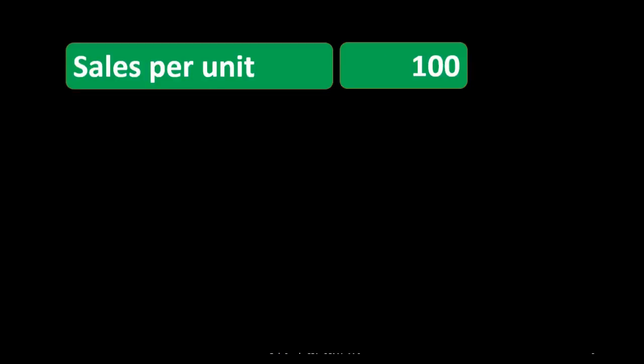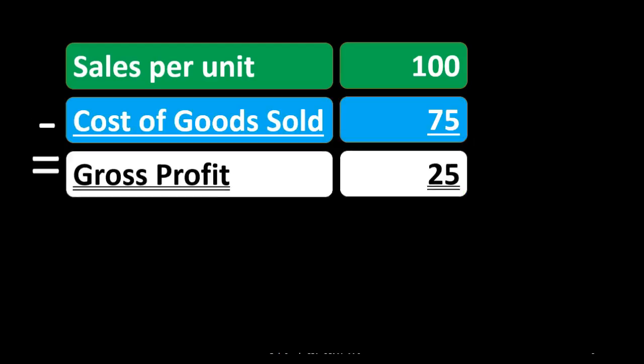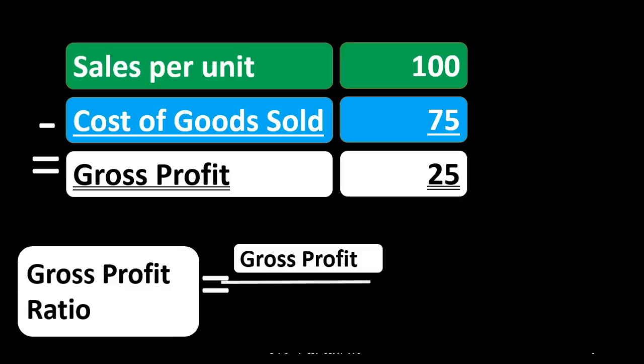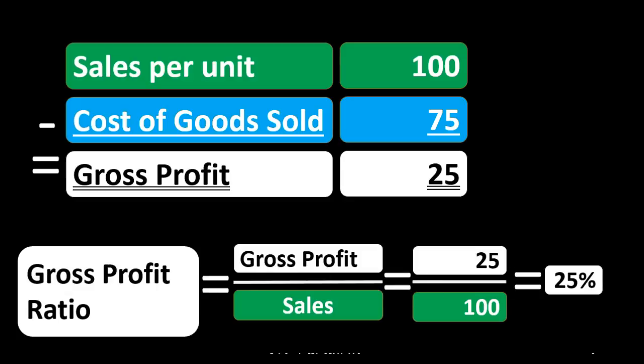The way to calculate this would be we're going to take the sales per unit or the sales from the prior time period, compare that to the cost of goods sold, and see the gross profit. Then we're going to calculate the percentages. We can calculate the gross profit percentage by taking the gross profit, or the gross profit per unit, divided by the sales. That would give us 25 over the 100 in this case, or 0.25 or 25%.